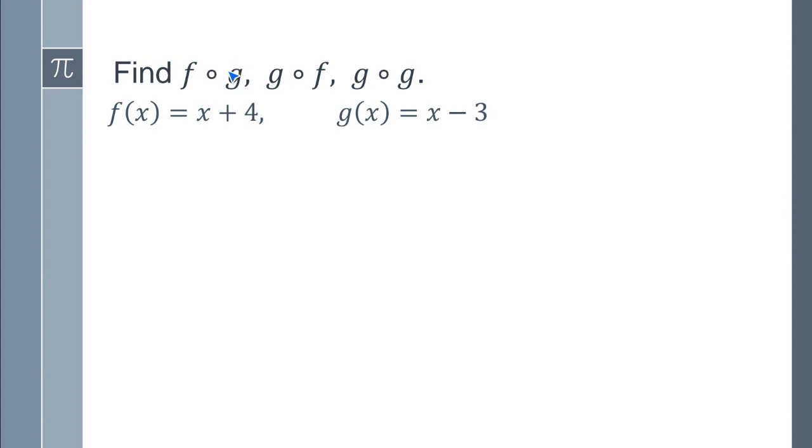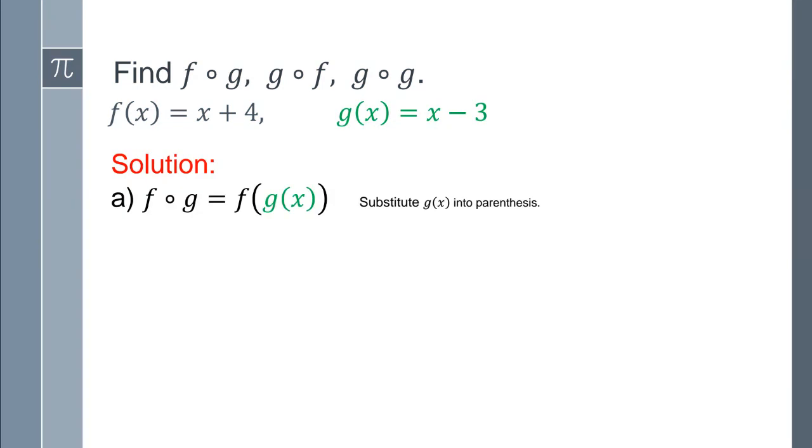So if I have these two functions, f of x is equal to x plus 4, and g of x is equal to x minus 3, and I want to evaluate f composed of g, what this is saying is that for function f, instead of putting in a value, I'm going to put in this other function, g of x.